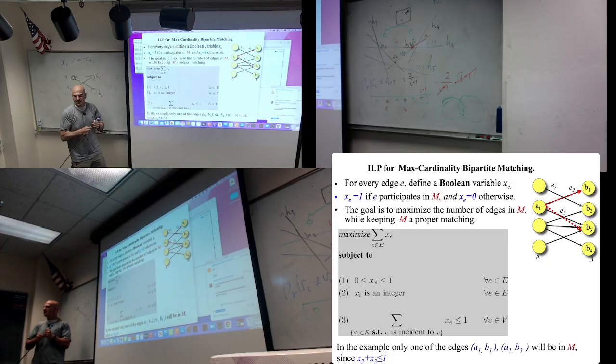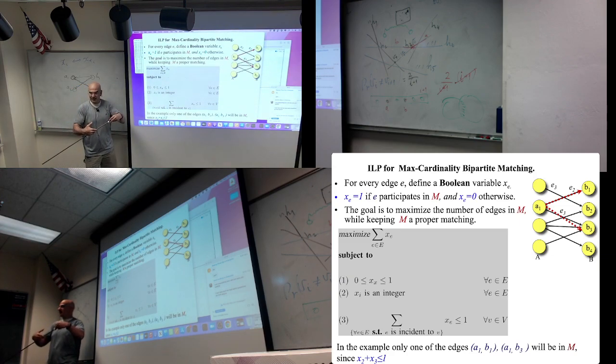It will be in the matching or not, but so far I didn't tell the ILP anything about a matching. I just said, pick a set, here is your set of variables. I should also tell it what my cost function is. My cost function is I want as many edges in the matching as possible, as long as it's a matching.